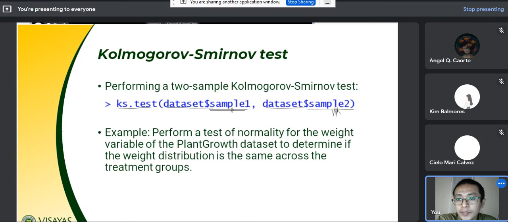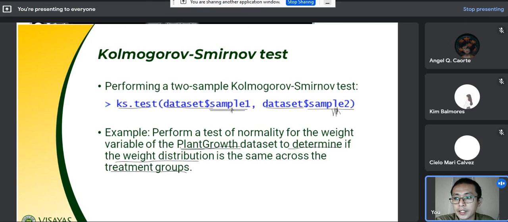Okay. So in this example, class, we are tasked to check if the weight distribution is the same across the treatment groups of the plant growth dataset.